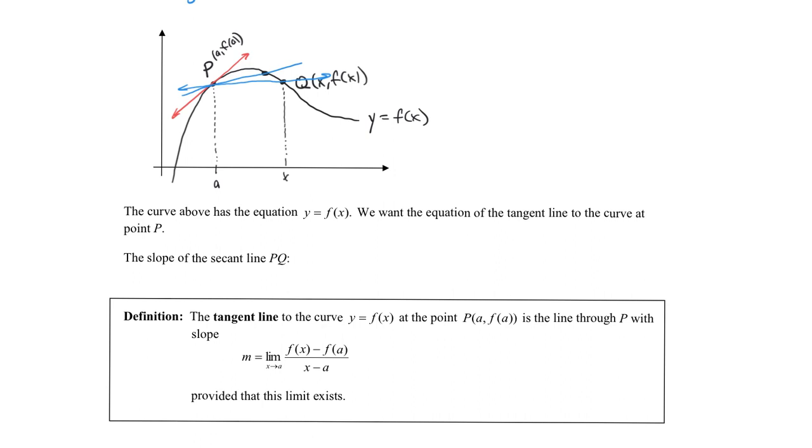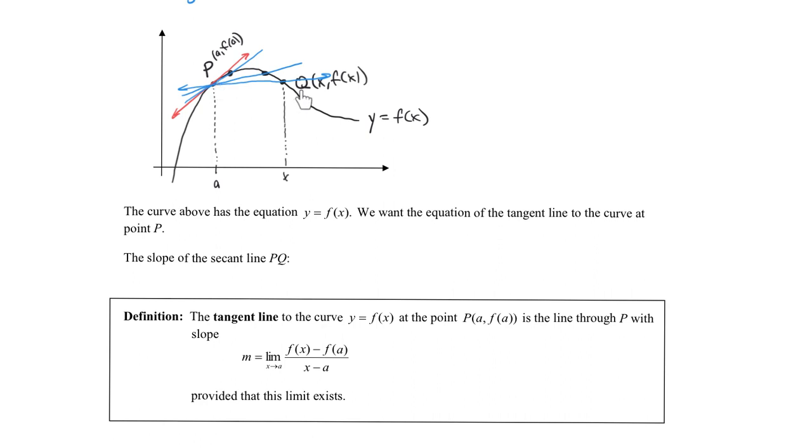This one is better at approximating the slope of the tangent line that we want, but it's still not very good. So we can slide x over even more, which slides this point Q over here, and the slope of that secant line is pretty close to the slope of the tangent, but we will get closer and closer. So this point Q will slide all the way over here.